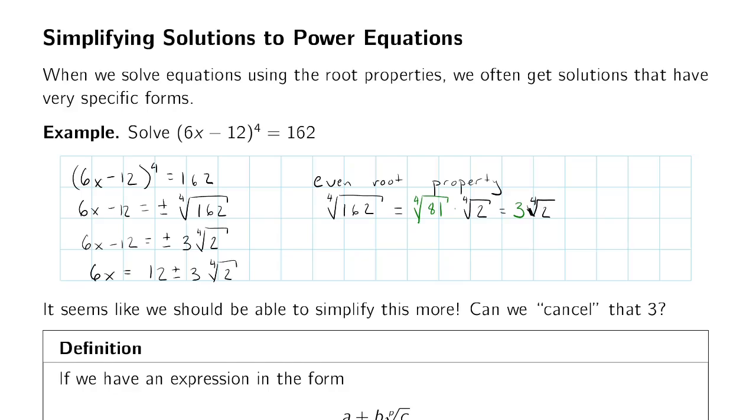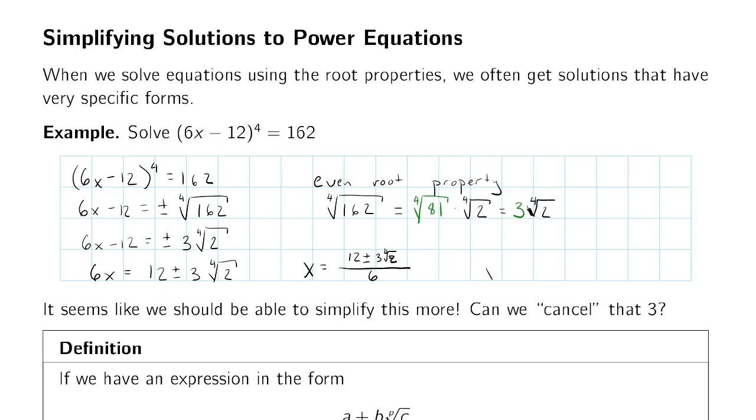Dividing both sides by 6, we get x equals 12 plus or minus 3 times the fourth root of 2, all over 6.